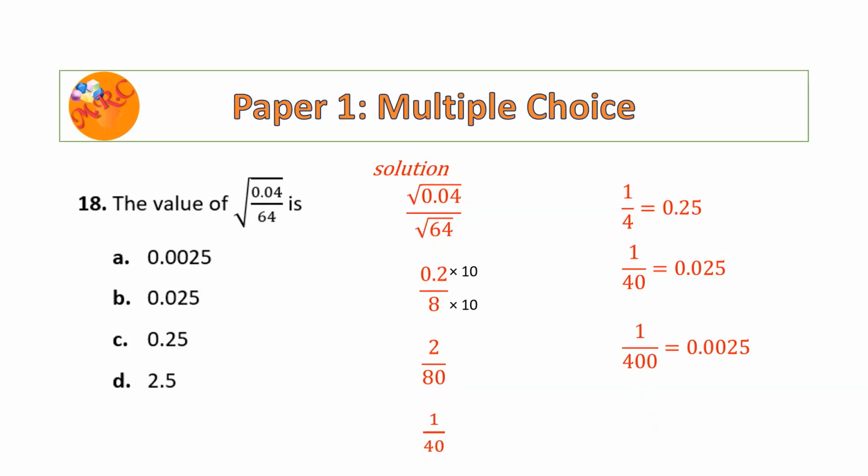So you can visualize it as rewriting 1 divided by 40 as 1 divided by 4 times 1 divided by a power of 10, whether it's 10, 100, or 1,000. Alright, good. So 1 divided by 40 is 0.025, which means our answer is B.